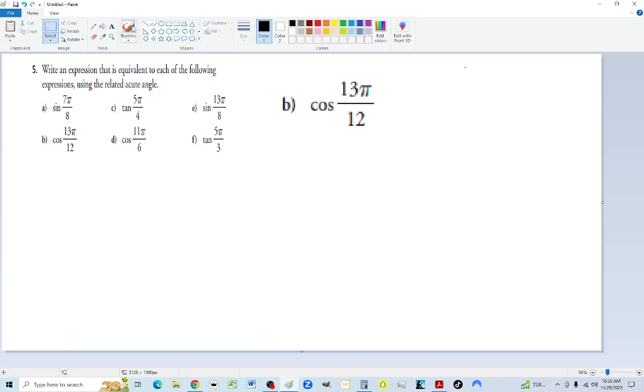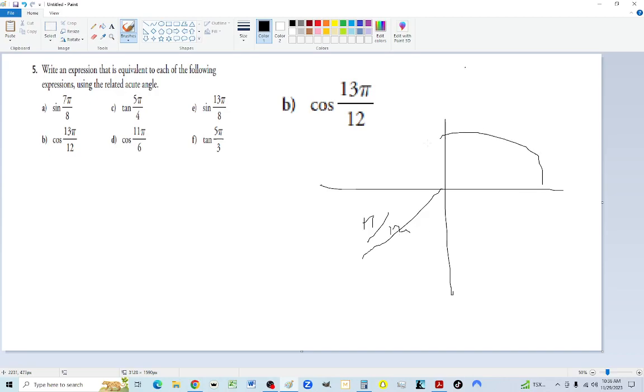So cos, this is clearly just past 1 pi. If I were to draw this, it's going all the way, and the acute angle here is pi over 12, because 12 pi over 12 is all the way to here, and one more makes 13 pi over 12, and that's the acute angle. But that's a negative value here.